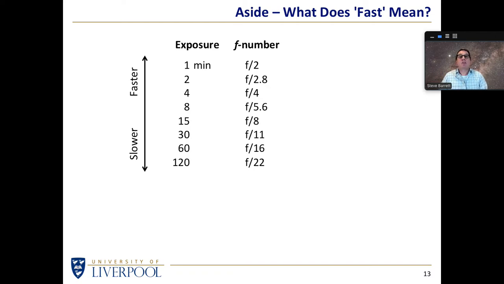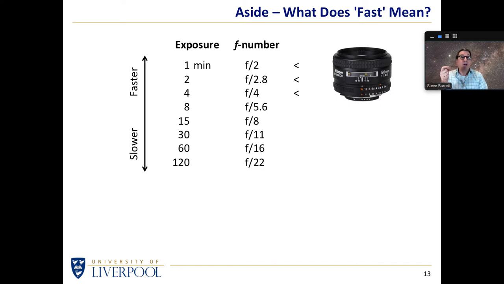So for those of us who dabble in astrophotography, we tend to choose a lens. If it's a wide-angle lens, for instance, we'll choose one that has a reasonably fast F number, maybe F2, F2.8, F4 perhaps, in order to collect as much light as possible and give us bright images and relatively short exposures.